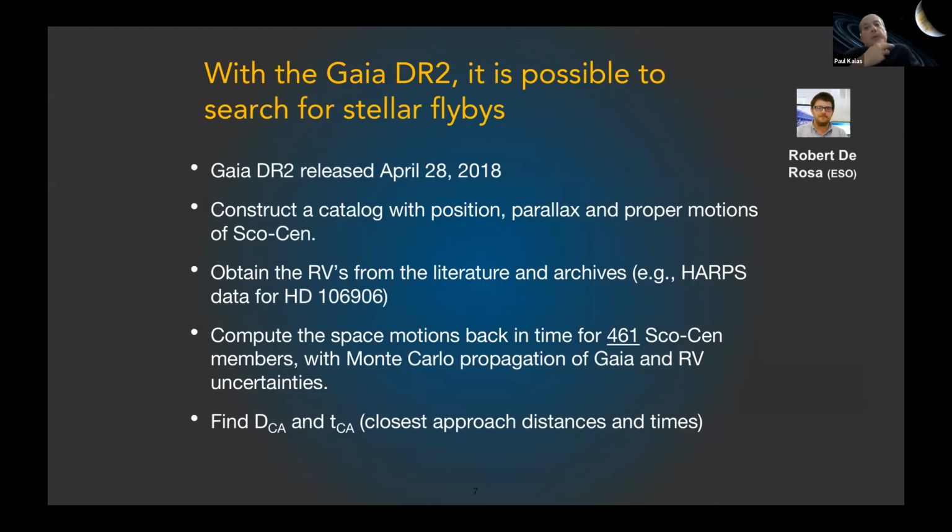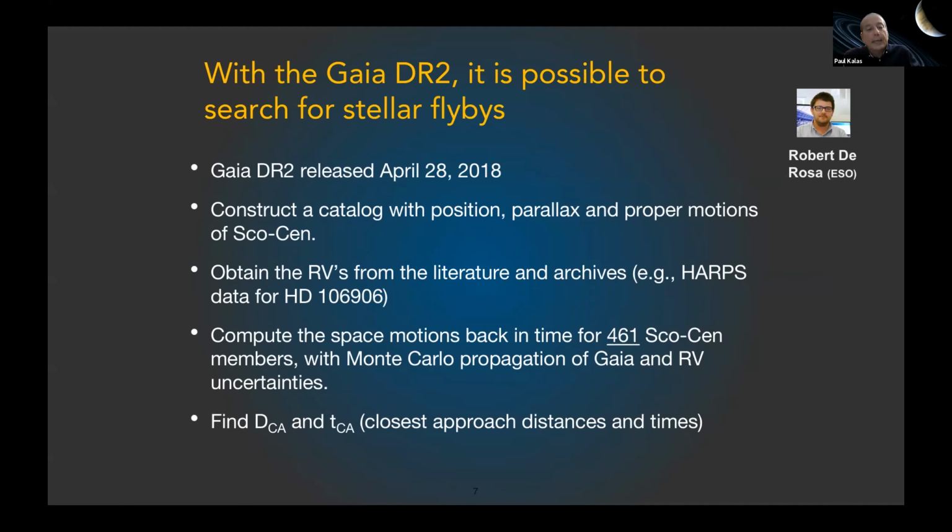In our first paper with Rob DeRosa, we used Gaia DR2 to trace back the motions of the 461 Sco-Cen stars. 106906b is in the Sco-Cen OB association, and we wanted to test for the stellar flybys.